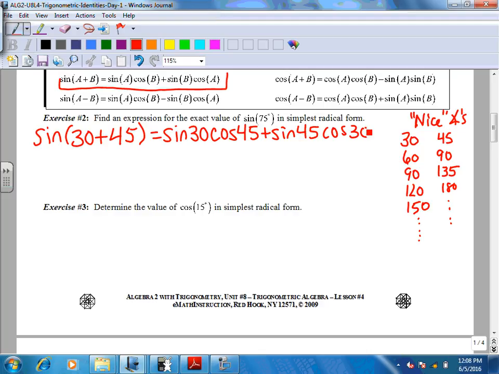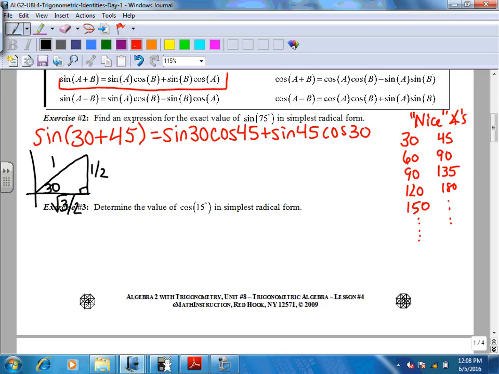Now hopefully you guys remember your special right triangles that we did learn during the year. If we think about sine of 30 degrees, or cosine of 30 degrees, here's my 30-degree angle. Opposite that is a half. Hypotenuse is 1. Adjacent to that is square root of 3 over 2.